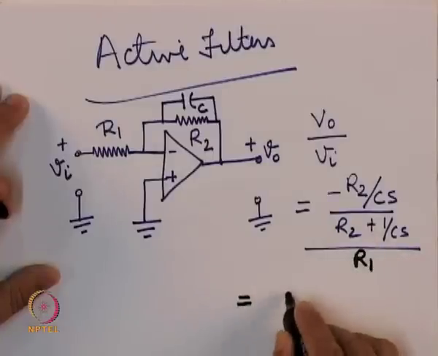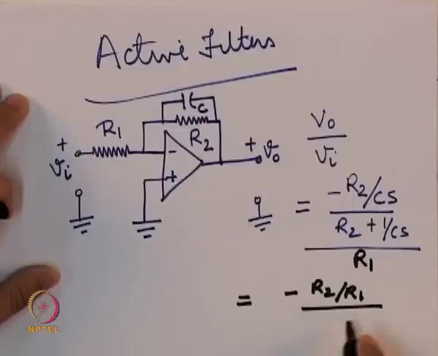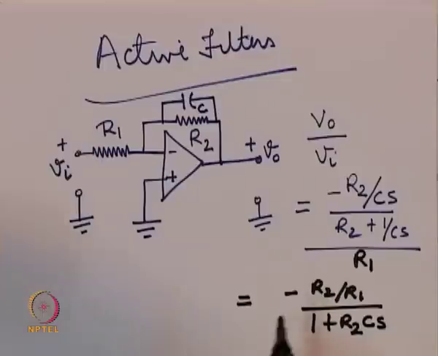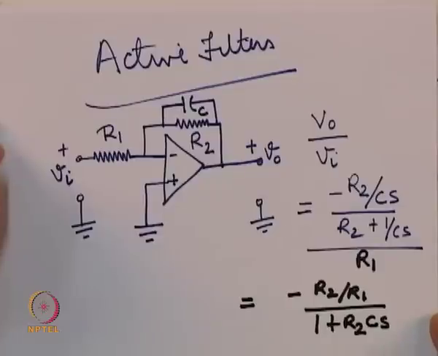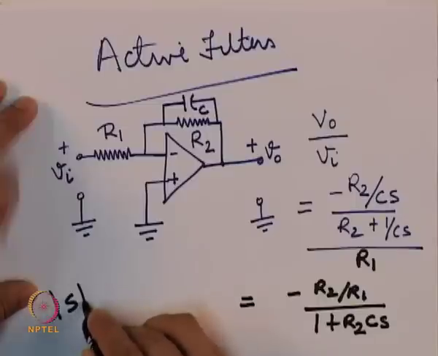So, this comes out to minus R2 upon R1 upon 1 plus R2 CS. Now, this kind of circuit, as you can see, using a simple op amp, it is easy to implement first order filters.